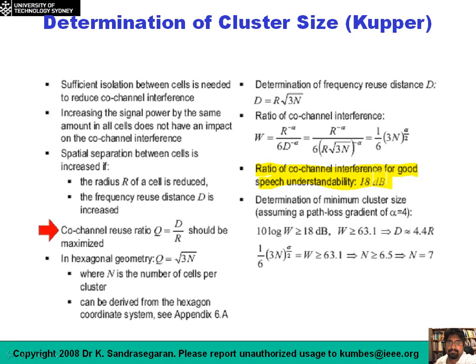If you put that back into this equation, we find that the only way we can achieve an 18 dB carrier to interference ratio is to use a cluster size of 7. Only at a size of 7 do we start achieving a carrier to interference ratio of about 18 dB. That's why the 7 hexagonal frequency reuse pattern is used quite often.